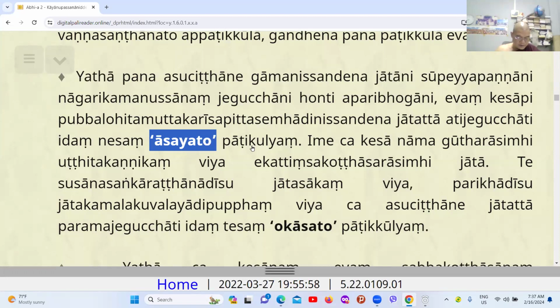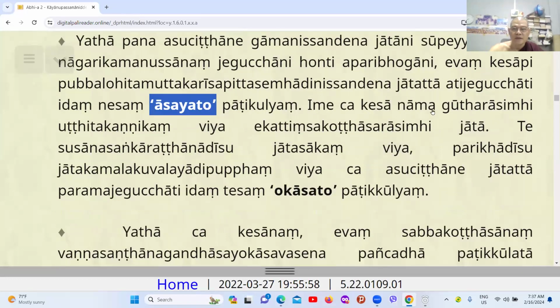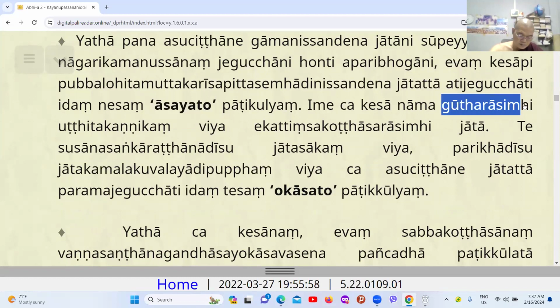Imeja kesa nama kutha rasemi, kutha rasi. The toilet. Kutha here means the pile of pieces. Kesa nama kutha rasemi. Audita kanika wiya, just like a mushroom.